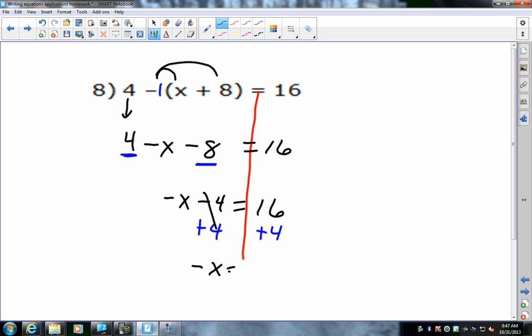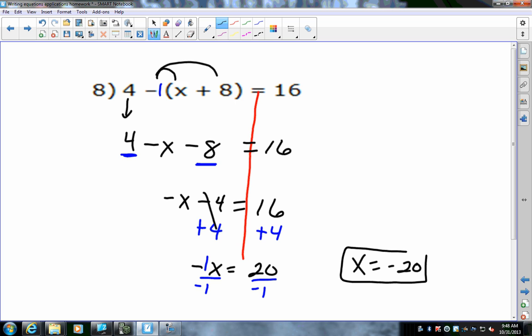And I get negative x equals 20. You can't stop there. This x, it cannot say a negative x. The answer can be negative, but right here at the x, it can't be negative. So this is like a negative 1, so I divide by negative 1 to each side. X equals negative 20.